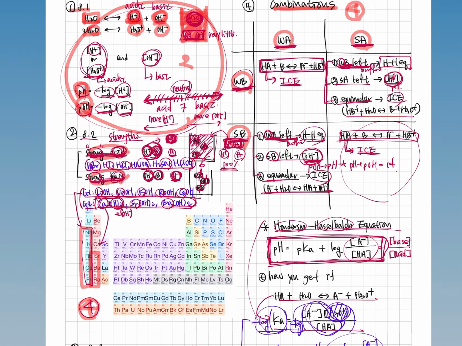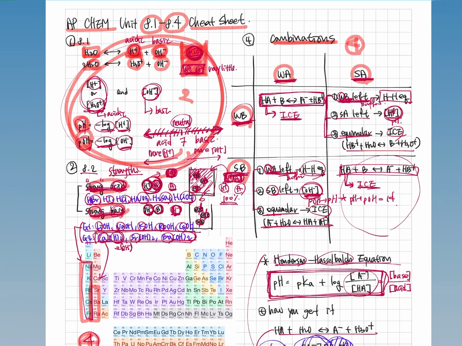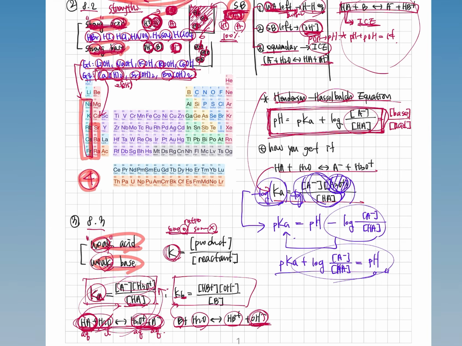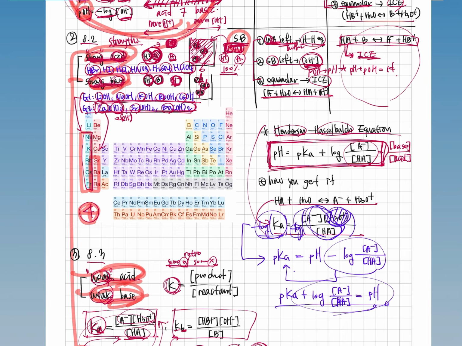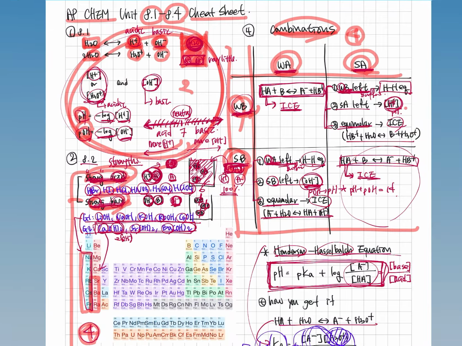So a general recap. First of all, we looked at pH and pOH. Then we looked at the 4 types, which were strong acid, strong base, weak acid, and weak base. Then we looked at the combinations of these, where if you just know this chart, you could use it for whatever question comes up on your AP exam.